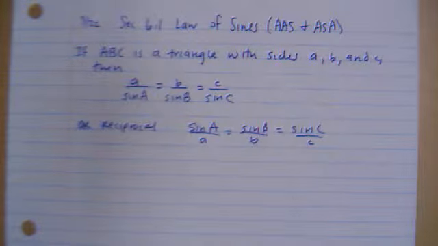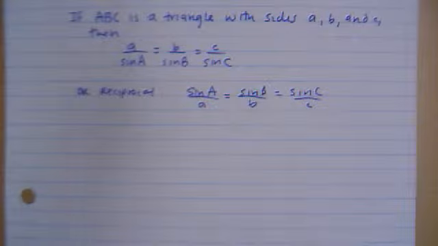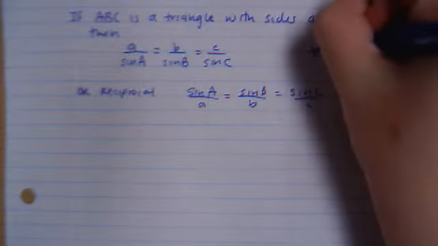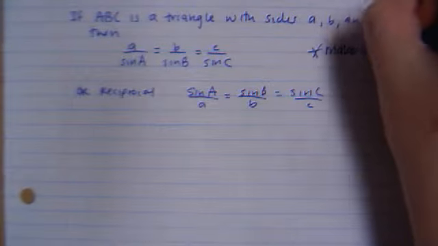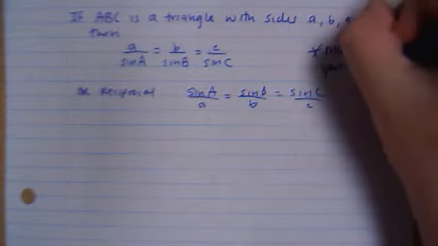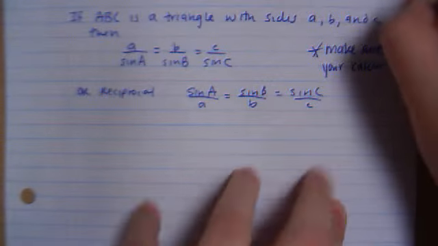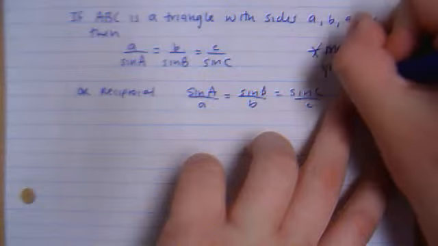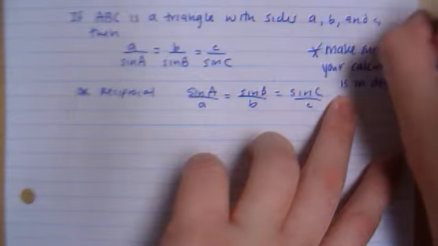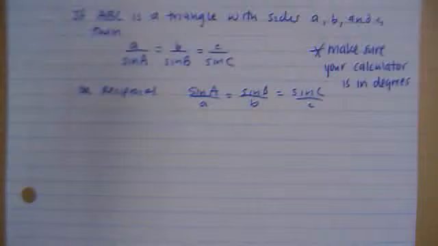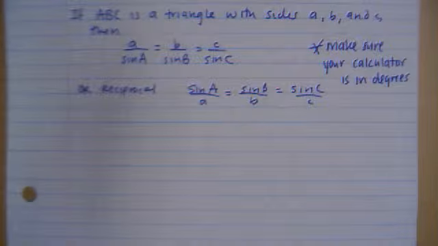This is what we're going to be using to solve for the missing sides and angles. With this, you need to first make sure your calculator is in degrees. If it's not, you're not going to get the correct answers.